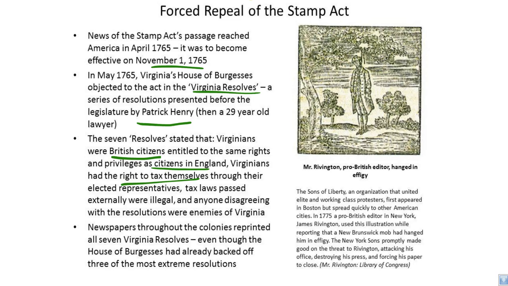News of the Stamp Act's passage reached America in April 1765, and it was to become effective November 1st, 1765. Virginia's House of Burgesses objected to the act in something called the Virginia Resolves, which was a series of resolutions presented before the legislature by Patrick Henry.